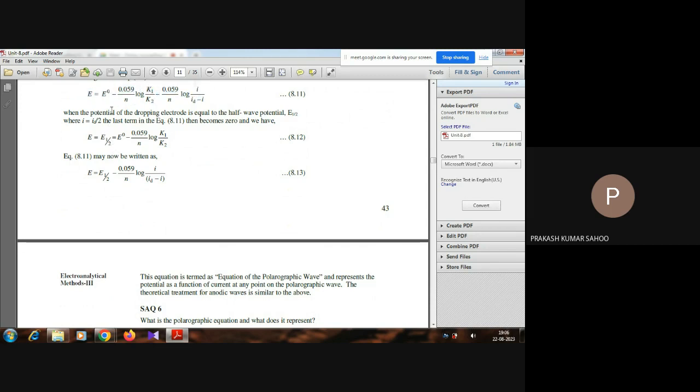So from this to this it becomes E half. So E equals E half minus 0.0591 by n log I by (ID minus I). This will be the final equation.